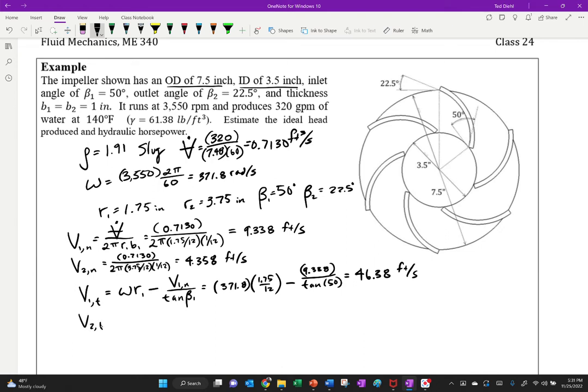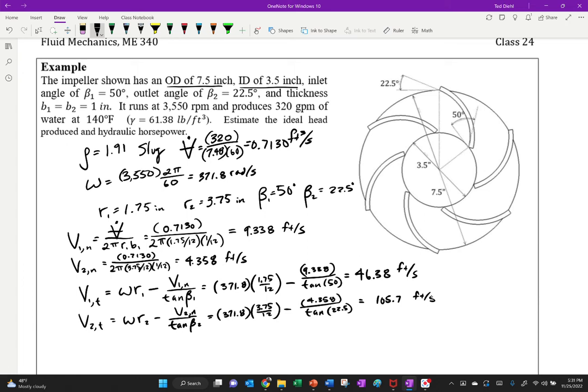In a similar way, we find the tangential component of the outlet, beta 2. So we take 371.8 radians per second and multiply it by the radius of the outlet, and take the normal component here and divide it by the tangent of 22.5, and we end up getting 105.7 feet per second.